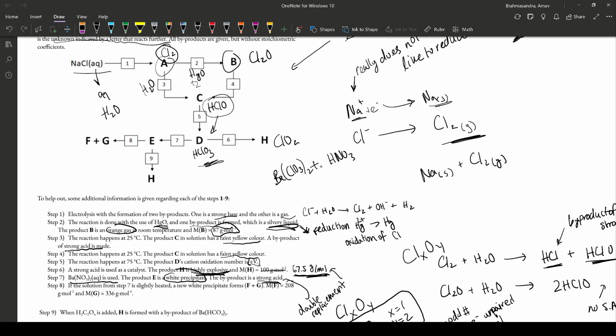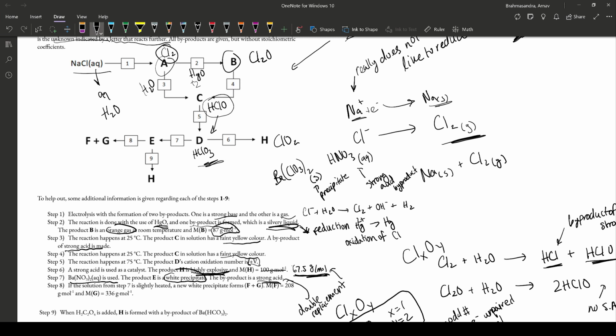And we can see that our barium chlorate is going to be a solid. It's going to be our precipitate. And our HNO3 is going to be aqueous, and we know that nitric acid is a strong acid. So strong acid byproduct. So we can see that we checked all the boxes off.